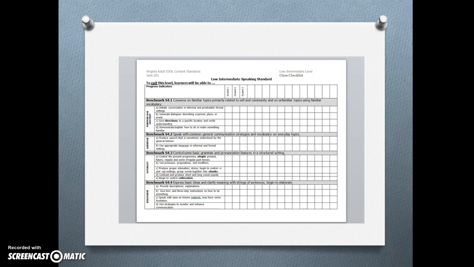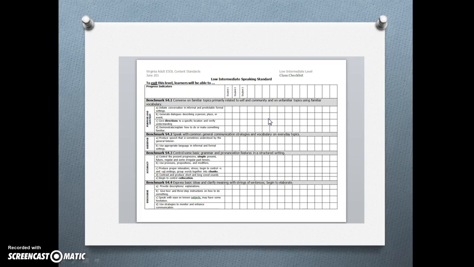So you may not use this every day, but if you've used the content standards in your planning and have an activity that speaks to one of the benchmarks or indicators, you can use this to document how the students did during the activity. You would make your notations in these boxes.